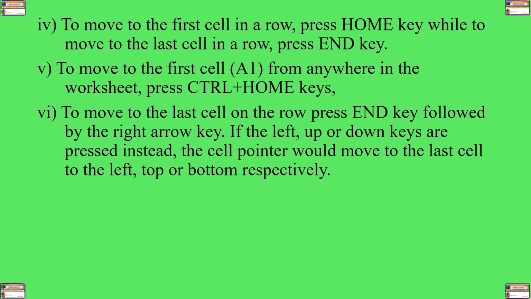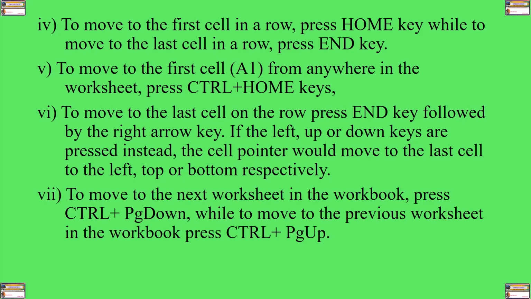End key followed by the right arrow key. If the left, up, or down keys are pressed instead, the cell pointer will move to the last cell to the left, top, or bottom, respectively. Number 7, if you want to move to the next worksheet in the workbook, press Control key and then press the key written Page Down.